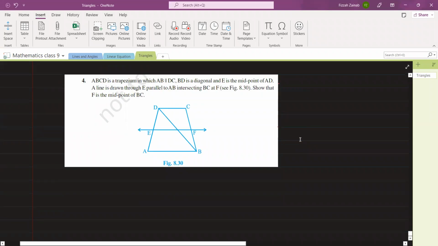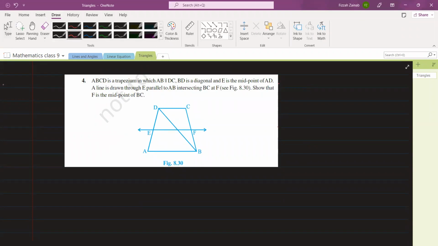Okay, see here. ABCD is a trapezium. So whatever is given, first of all, write it down. ABCD is a trapezium, so it is given that the side AB is parallel to DC. Can you see that? AB and DC in the figure? Okay. BD is a diagonal, and E is the midpoint of AD.